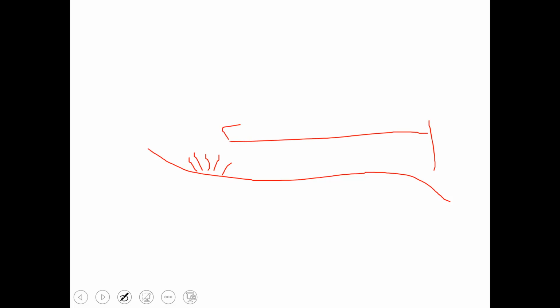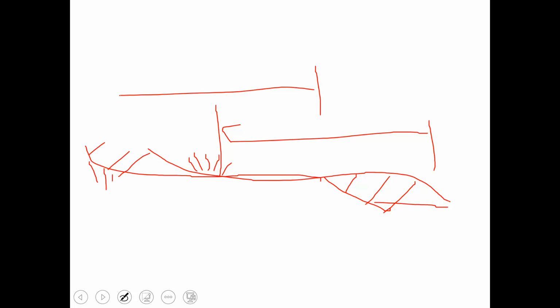So remember what happens if this is the beach today from, let's say, here to the vegetation line. And then we have erosion. This is the beach tomorrow. The beach has moved.